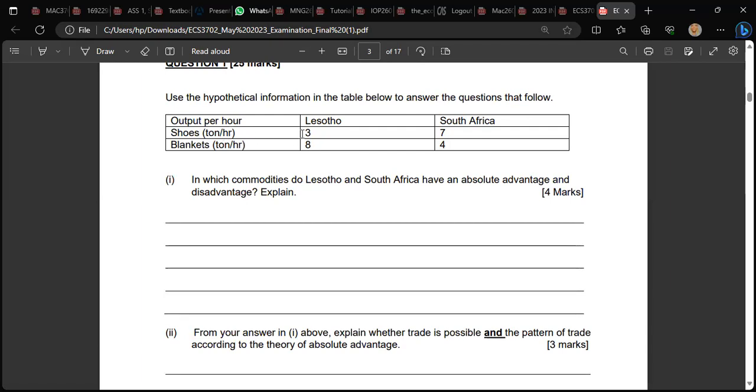The laborers in Lesotho can produce 3 tons per hour, while the laborers in South Africa can produce 7 tons.